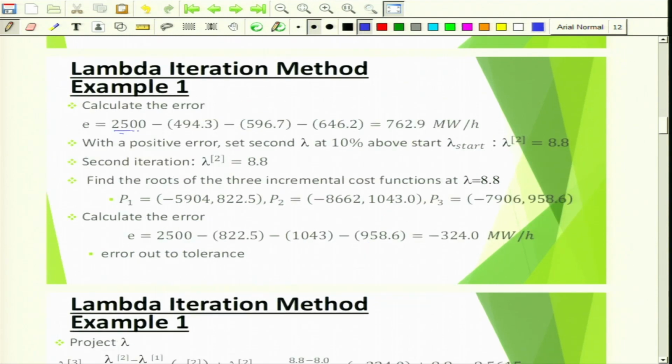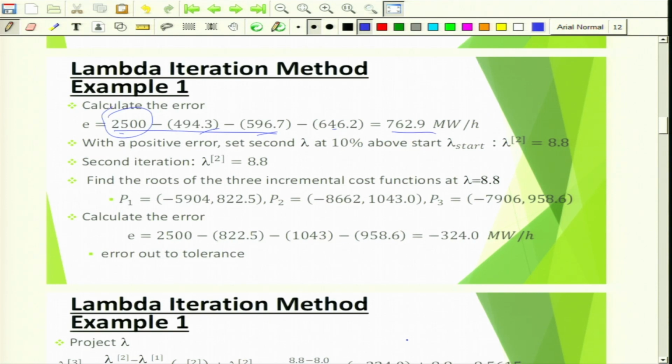Then calculate the error. Error is total demand, which is 2500 megawatt, minus the sum of the generations, right. If the error is positive, that means load is higher compared to the total generation calculated using a specific lambda, which is not the optimal lambda, since the total generation should be equal to the total load, right.